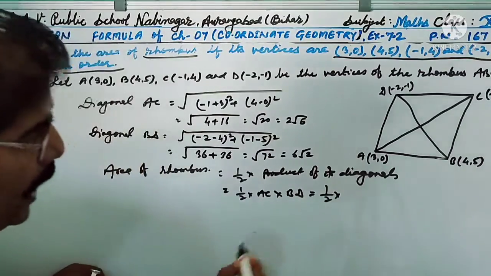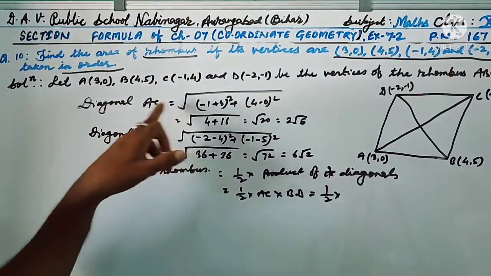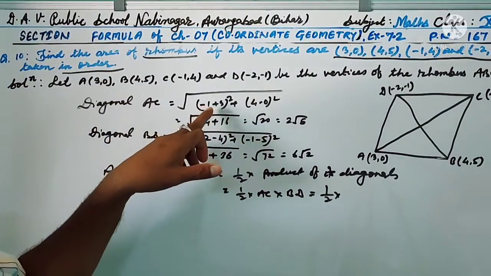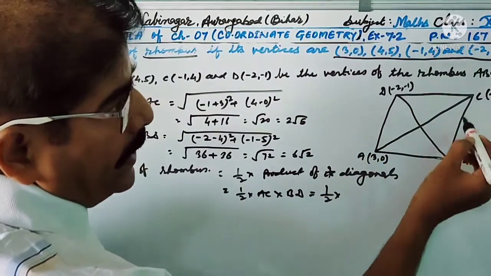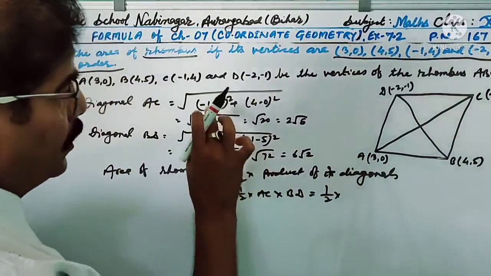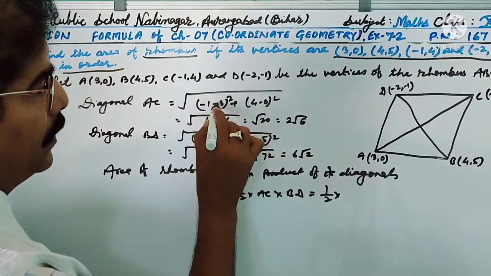AC is -1 - 3, sorry students, not plus 3.